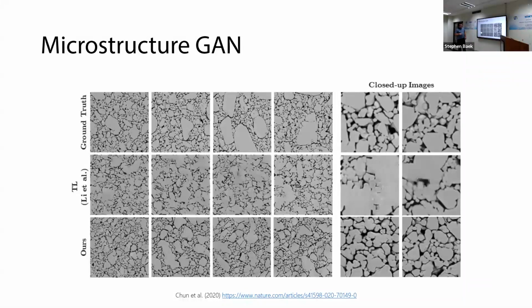At the bottom, we have the GAN generation result. We have some close-up images for a better comparison. As you can see, the bottom row is much more realistic, whereas in the middle we have some artifacts, a kind of grid pattern, whereas the bottom row is very realistic compared to the close-up images.